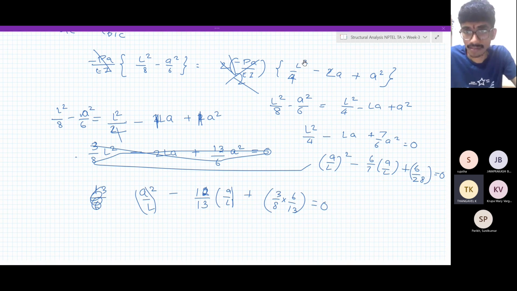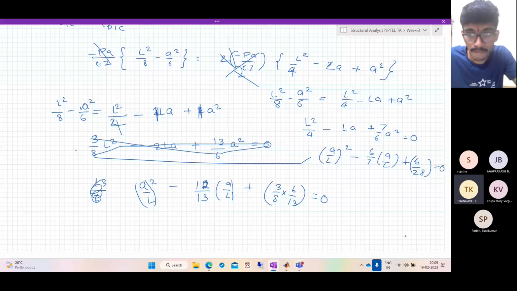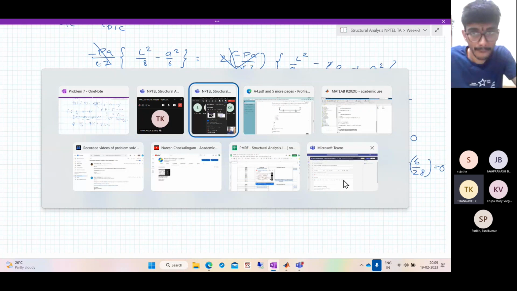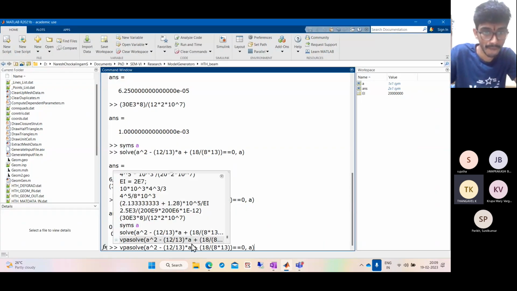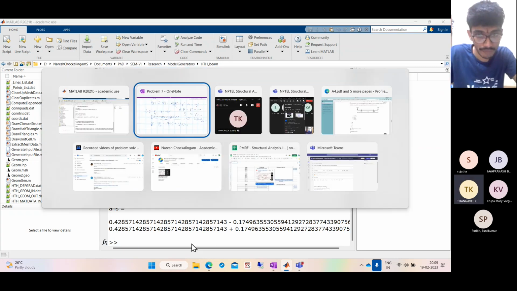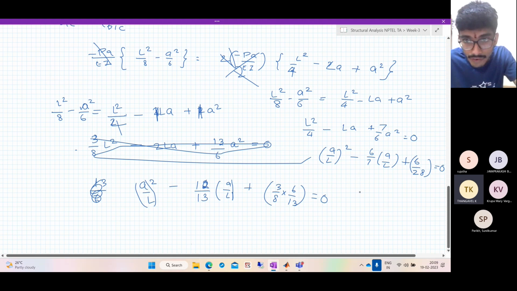Let me share it again. So it is A square minus it is 6 by 7, not 12 by 13. And here it is 6 by 28.